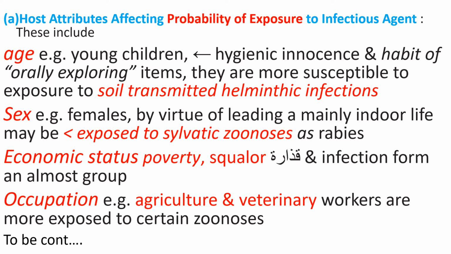Economic status. Poverty, squalor, and infection form an almost consolidated group. Occupation. Agriculture and veterinary workers, for example, are more exposed to certain zoonoses.